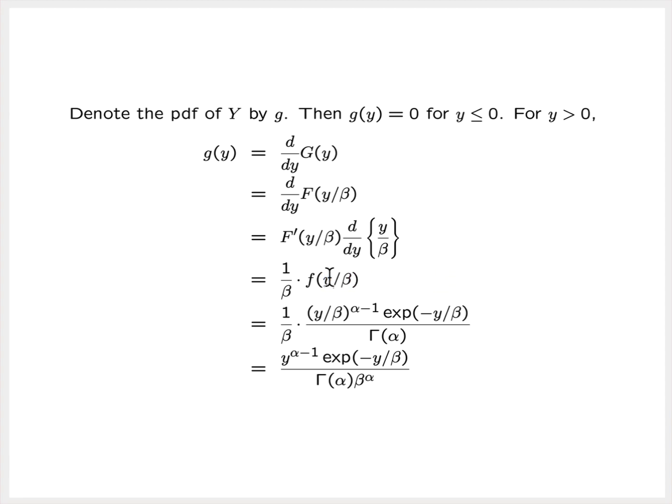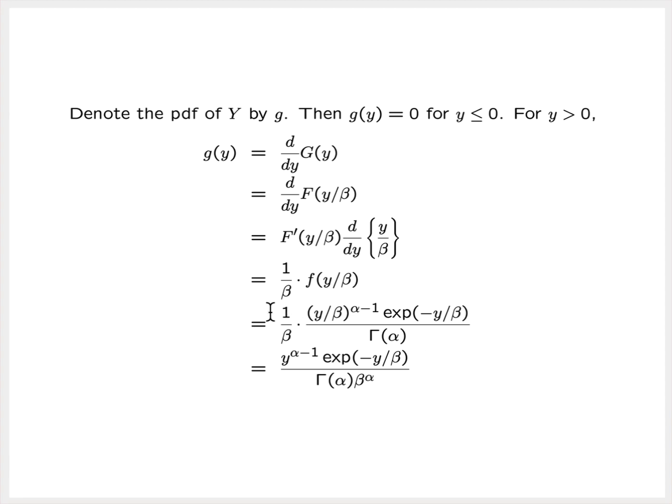Now this is helpful because we already know the PDF of x, so all we have to do is evaluate that PDF of x at the argument y over beta. And so we do that, we have 1 over beta up front, and then we have y over beta raised to alpha minus 1 times the exponential function evaluated at negative y over beta, all over the gamma function evaluated at alpha.